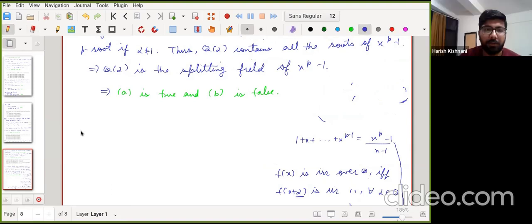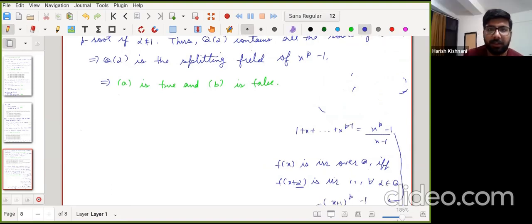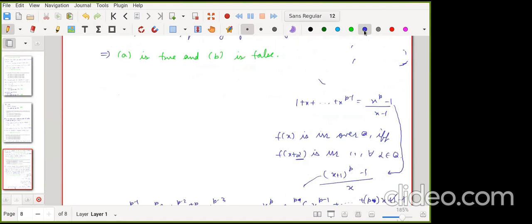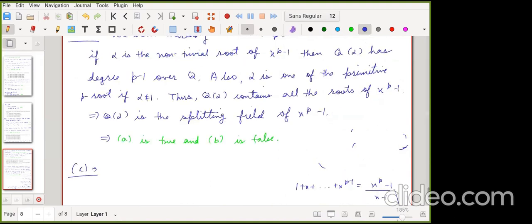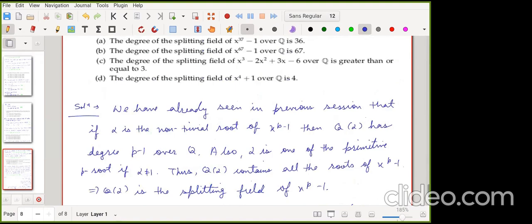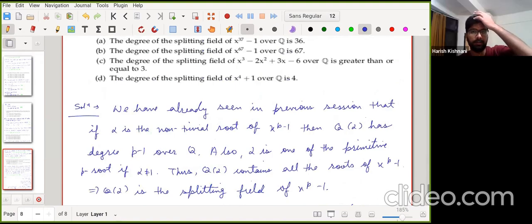So let us first quickly discuss part C and part D also. Part C says the degree of the splitting field of x cube minus 2x square plus 3x minus 6 over Q is greater than or equal to 3.